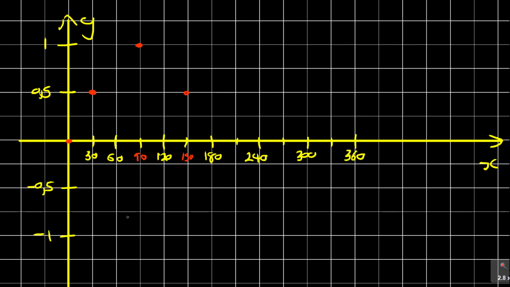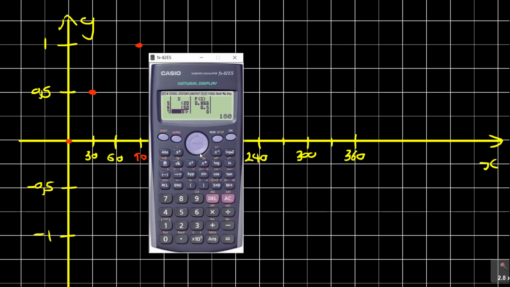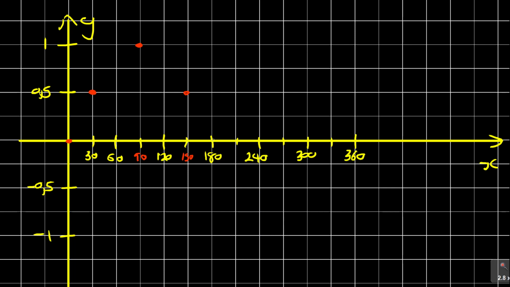Then you continue. 180 is 0. 210 is negative 0,5. So 180 is 0. 210 is here, negative 0,5 is there. You seeing that?